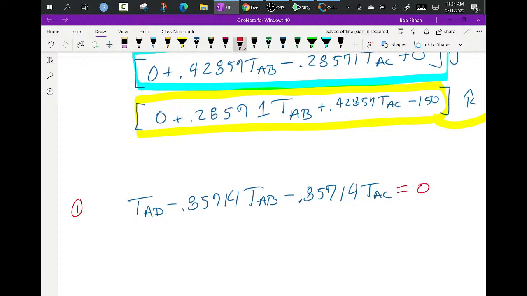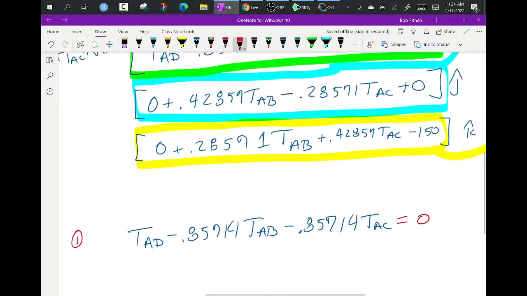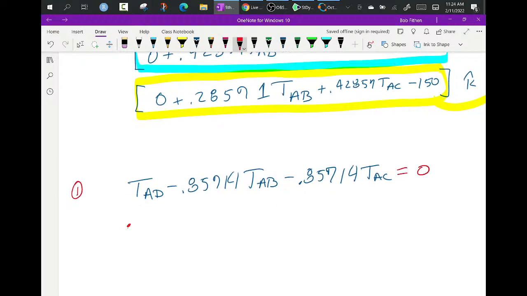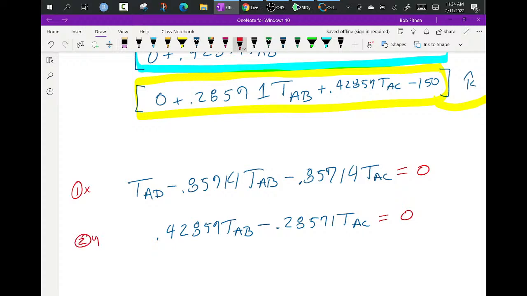That is one equation. Let's take the second one, but I'm going to skip around, copying the zeros. Here, place it about right there. And guess what? There is a second equation. First equation is from x, the second equation from y. They don't have to be that way. You can put the first equation as any one of them.